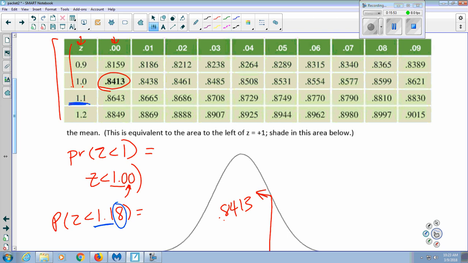And to find the 8, we need to come across the top to the 8, in the hundredths spot. Then we come down to find the number that's in the right column. So we have 0.8810. So the probability that z is less than 1.18 is 0.8810. So that's just another example to work with.